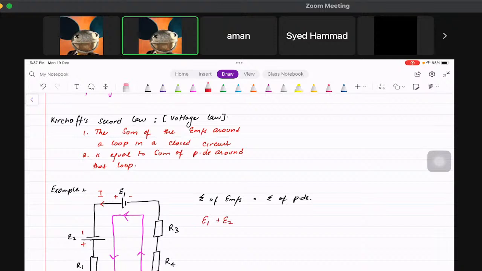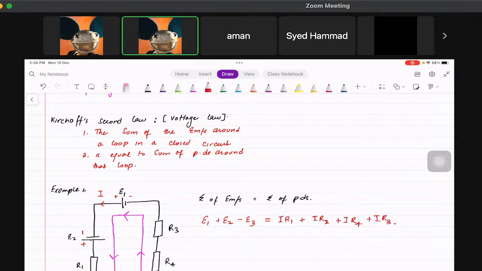But the positive terminal of E2 is connected with the positive terminal of E3, so E3 is opposing the current. It's not connected in the same direction, which means we're going to put negative E3 because it's opposite direction. And then the potential difference across R1 will be current into R1 plus current into R2 plus the same current going in R4 plus R3. Do you guys understand?